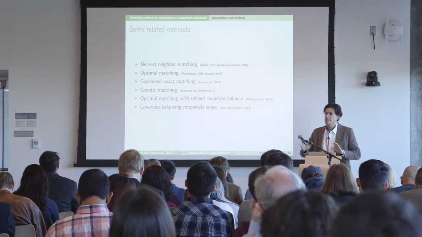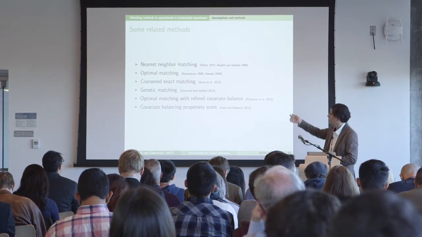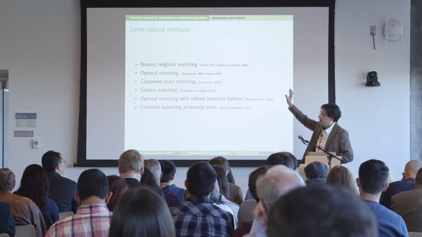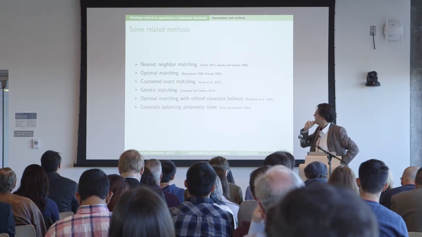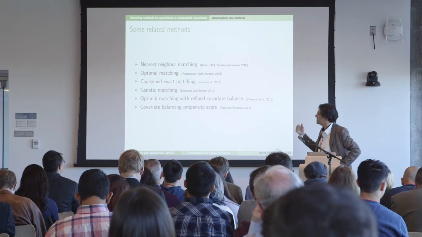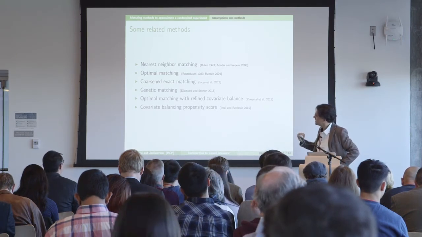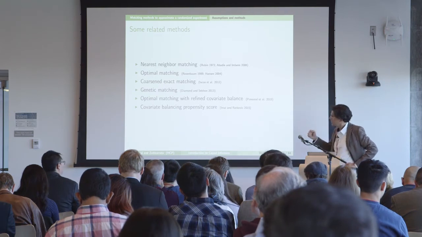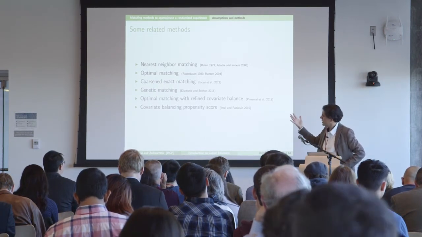We're going to discuss some matching methods, but I wish to acknowledge there are many other matching methods, namely all this literature on nearest neighbor matching, started, I understand, by Rubin and formalized by Abadie and Imbens. Then there's this literature on optimal matching by Rosenbaum and Hansen. Here in the university, Gary King and co-authors have developed coarsened exact matching.